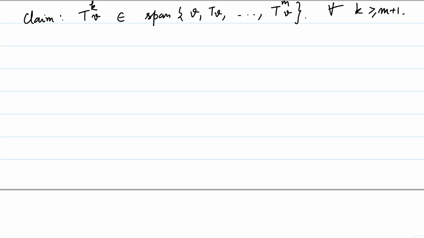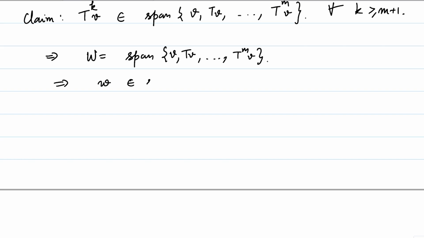But the moment this happens, what this implies is that W is the span of V, TV up to T to the power m V, because any T to the power k V for k greater than m will be in the span already. So the span of V, TV, T square V, and so on will be exactly equal to this, in fact. But that implies that W is in the span of all these vectors.